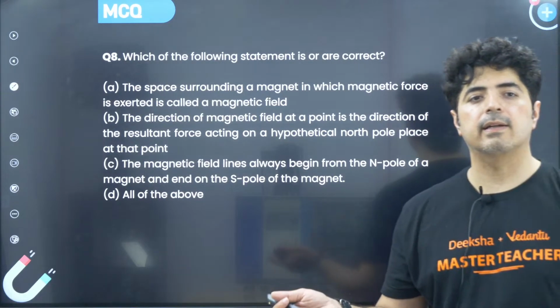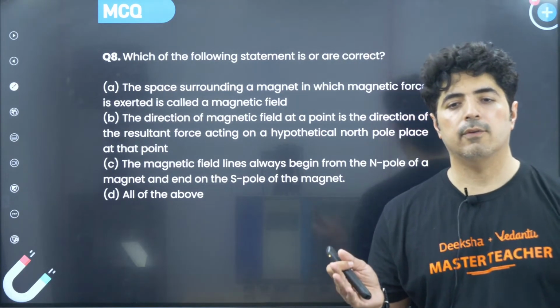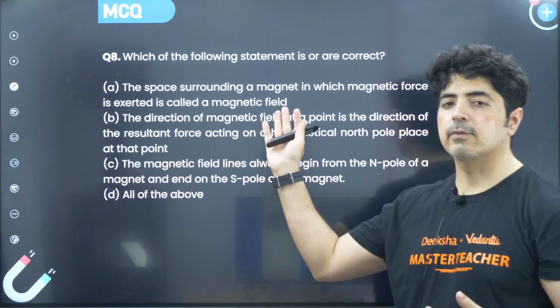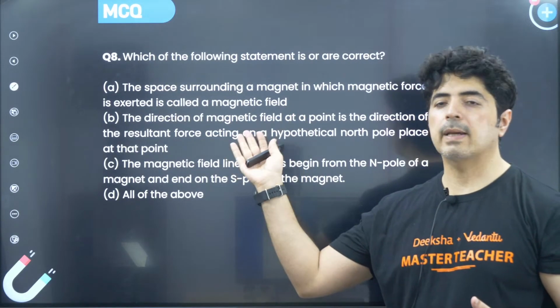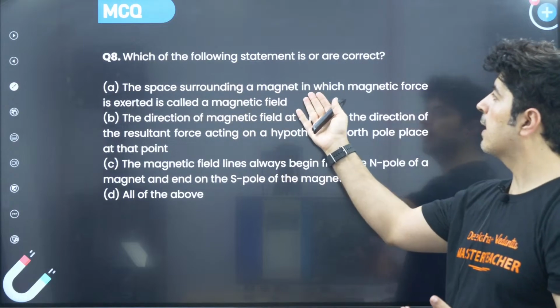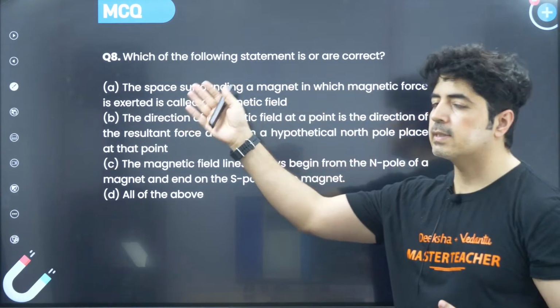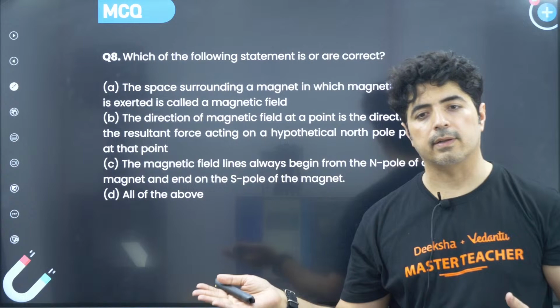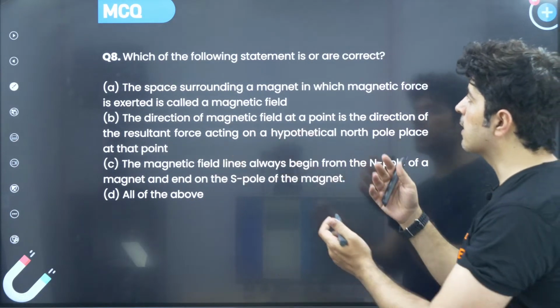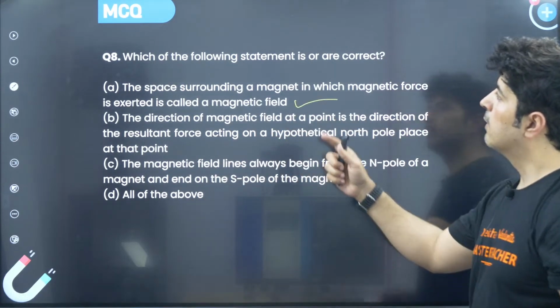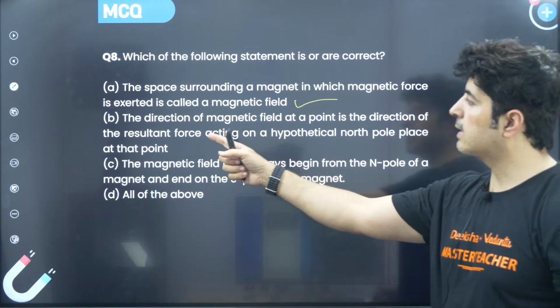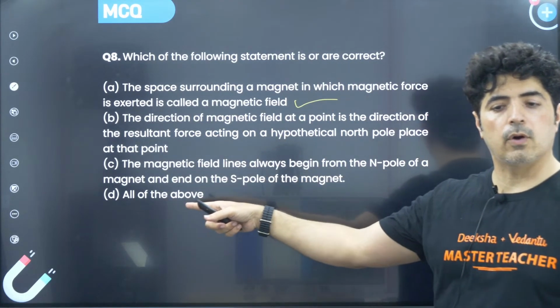What is a magnetic field? This is a definition of magnetic field, guys. The space surrounding a magnet in which magnetic force is exerted. That is a magnetic field. Second, so this is a correct statement. Okay. We need to find correct only. All right. So let's see the second one because we have an option of all of the above also.